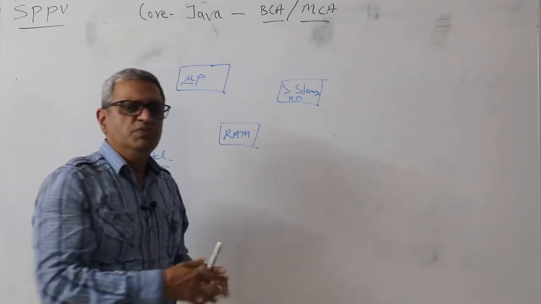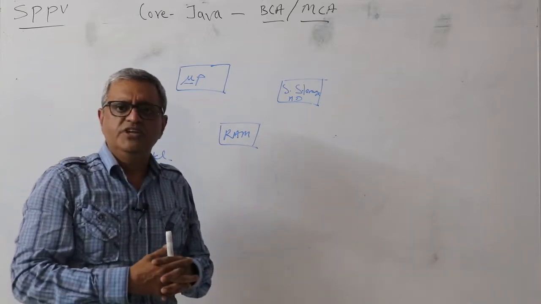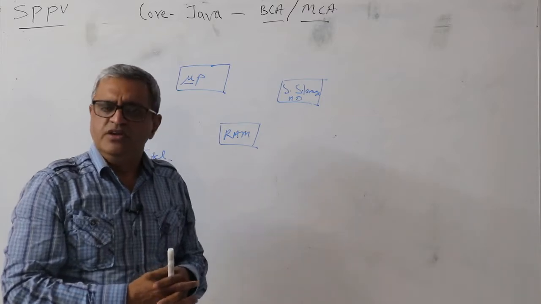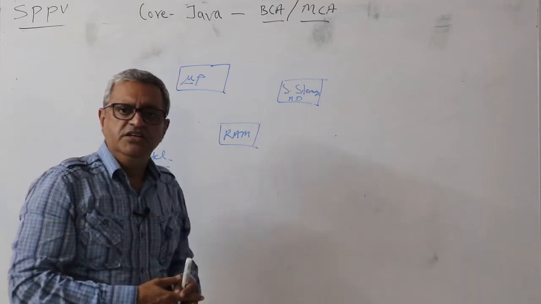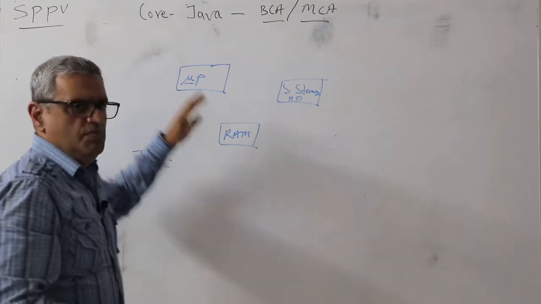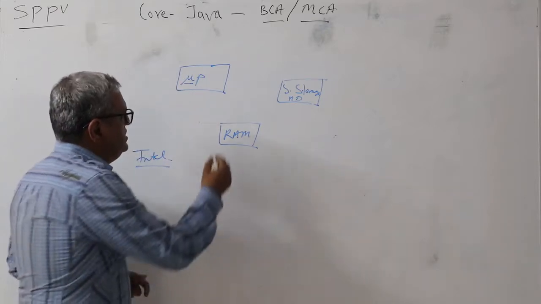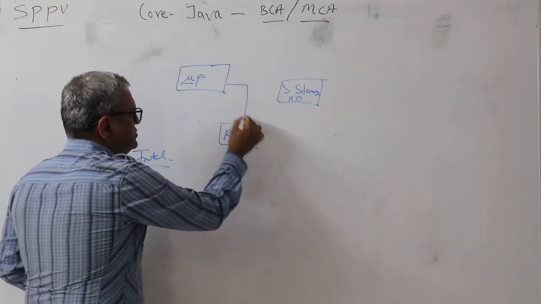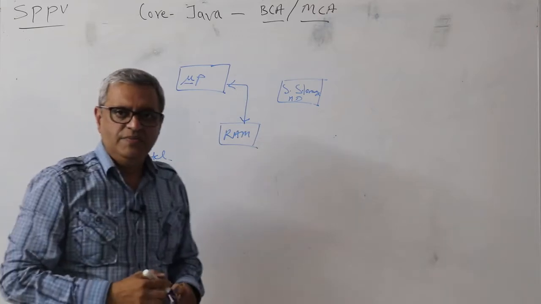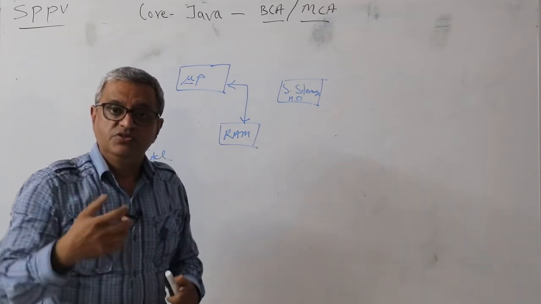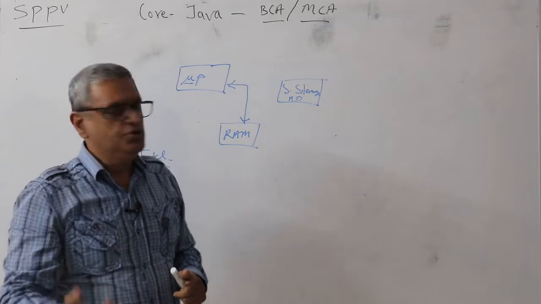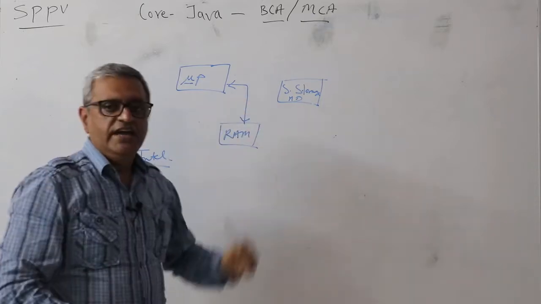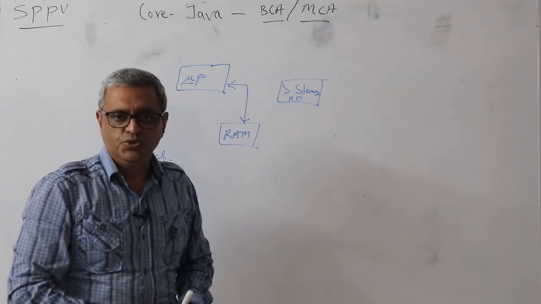Other companies, a couple of examples, are Motorola and Zilog. Zilog manufactures the Z80. A microprocessor basically reads the instructions from RAM and executes these instructions to produce certain output, and then that output can be stored onto secondary storage.